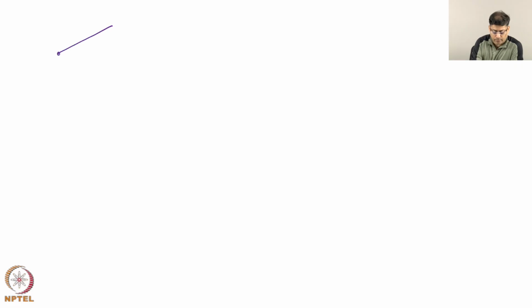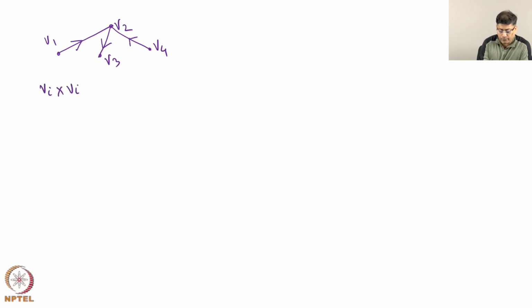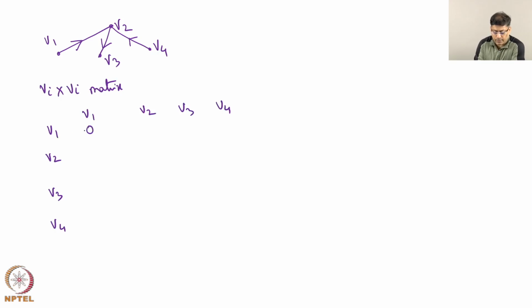Now, we are going to see how the digraphs are presented in a matrix format. Now, to present this digraph, we will create a Vi into Vi matrix, and V1 is not connected with V1, so it is 0.